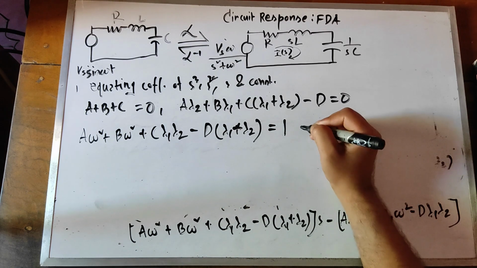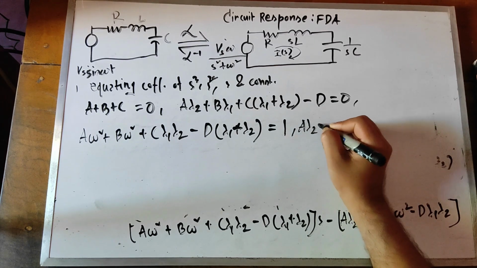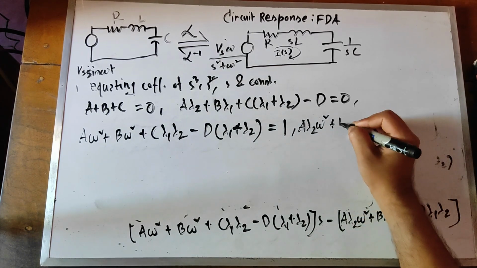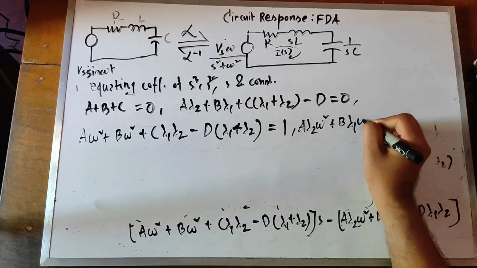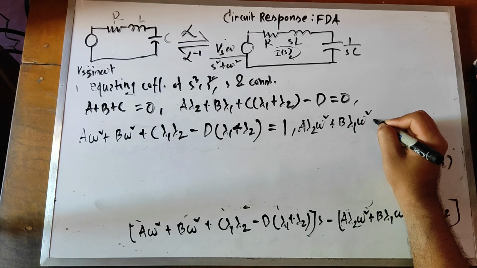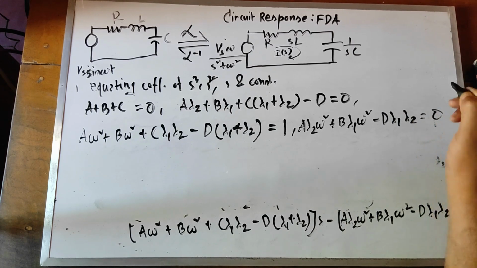And the last is A lambda 2 omega square plus B lambda 1 omega square minus D lambda 1 lambda 2 equals 0.